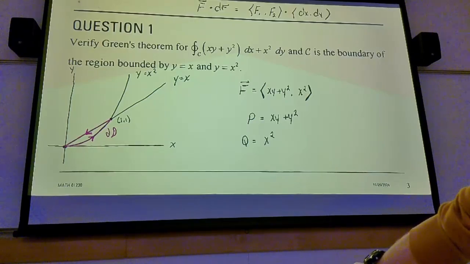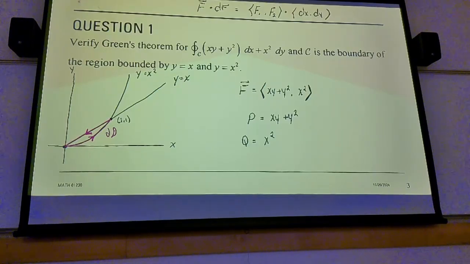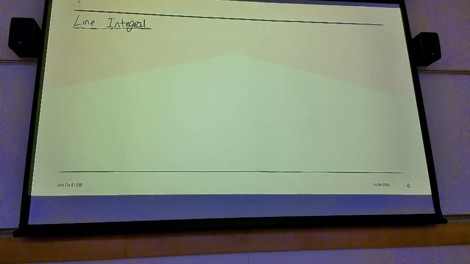This is where direction matters. First path goes from 0, 0 to 1, 1. Second path goes from 1, 1 to 0, 0. Does it have to be done like that?